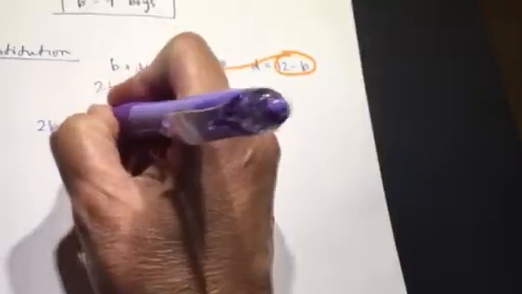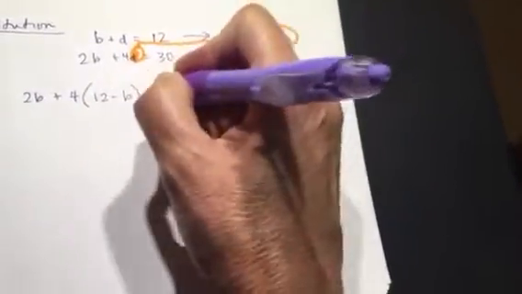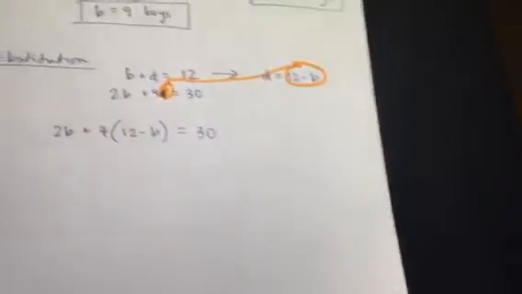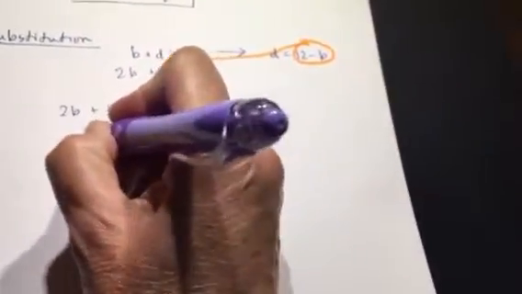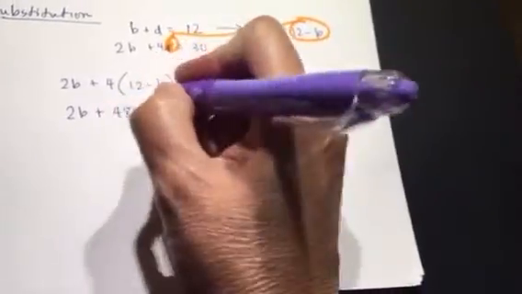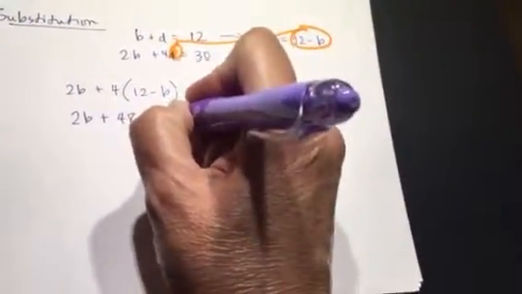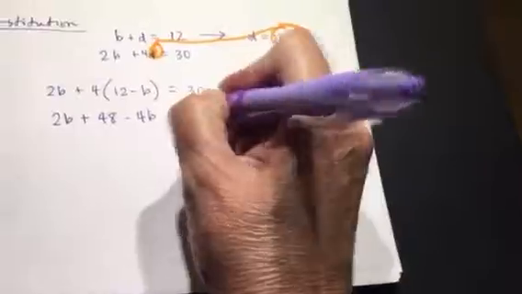So then that'll give me 2b plus 4 times, open parentheses, 12 minus b equals 30. Then the distributive property, distribute the 4. 2b plus 4 times 12 is 48. 4 times minus b is minus 4b. That equals 30.